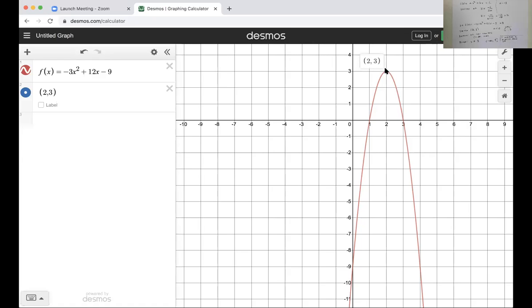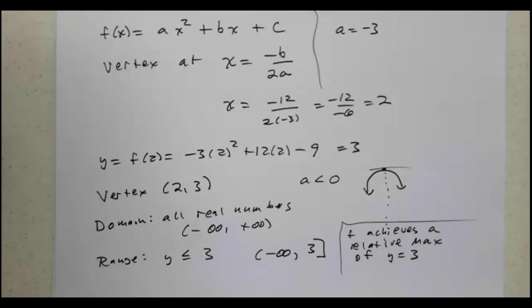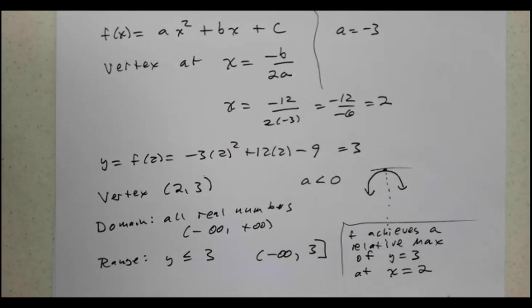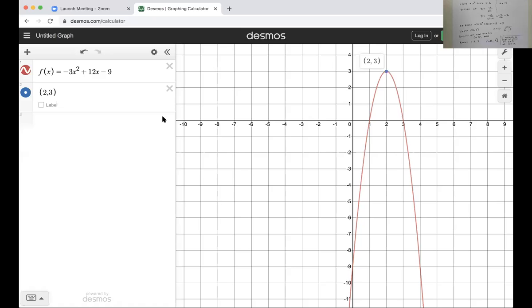It achieves a relative max of 3. At what point? At the point where x equals 2. Because in that neighborhood, nothing gets higher than 3. And it's also an absolute max because nowhere on the graph does it get higher than 3.